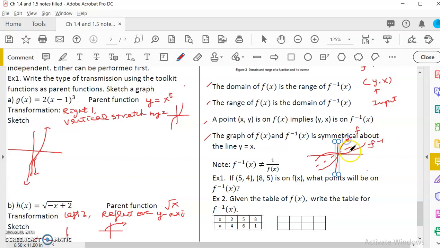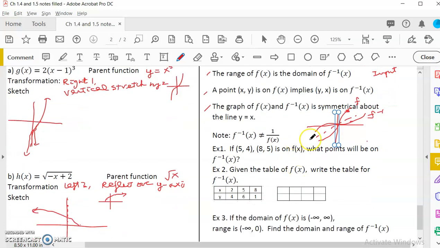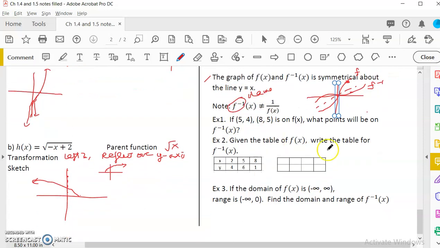Because this point corresponds to this point with x and y switched. And remember, the notation of f inverse does not mean that it's a reciprocal. This is just a symbol. It's a name called f inverse. We don't even call it f to the power -1. We don't treat it as a power. It's just a name.